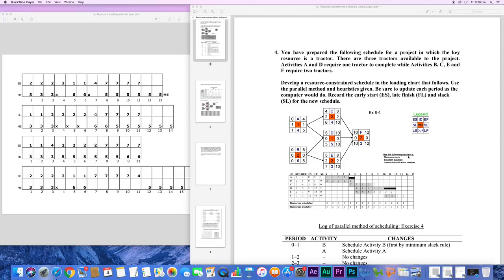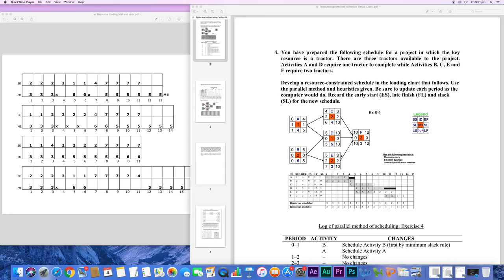The first case is problem number 4 that you'll find in your book. You have prepared the following schedule for a project in which the key resource is a tractor. There are 3 tractors available to the project, and activities A and D require 1 tractor, and activities B, C, F, and E require 2 tractors.